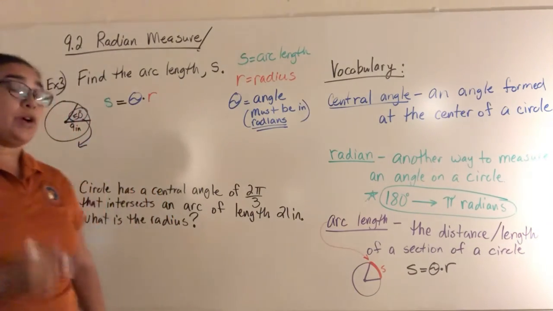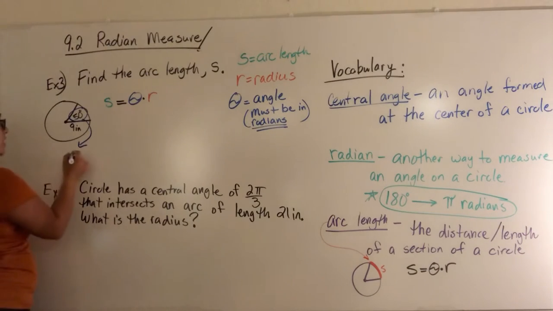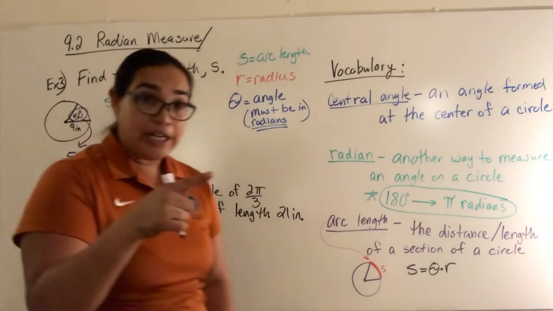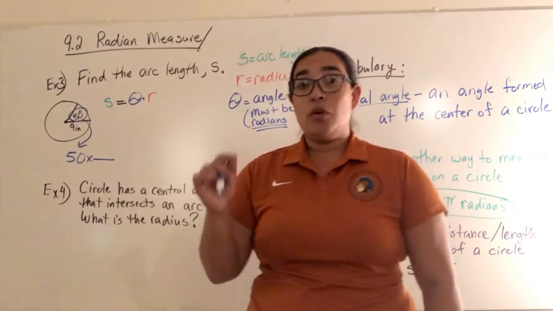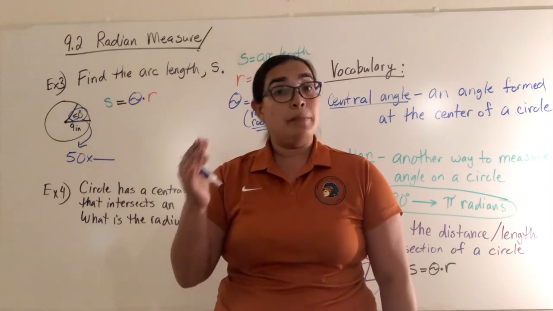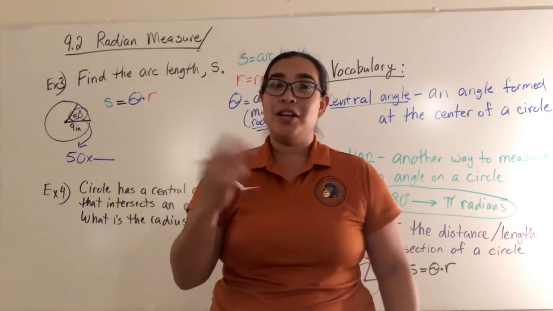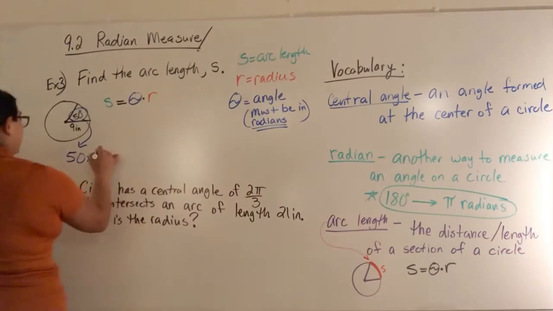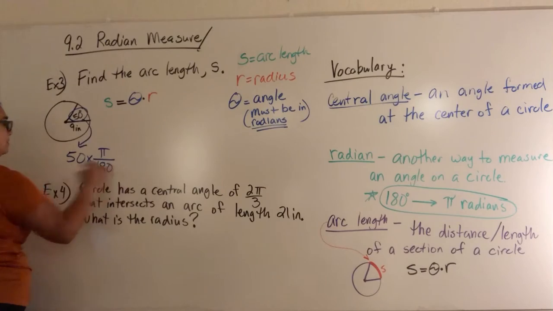So here we go, real quick. Going back to the first examples I gave you, here's 50 degrees and we need to multiply that by, now again, we're converting from degrees into radians, so would we do pi over 180 or 180 over pi? Remember, we're trying to get to radians, so where does that pi go? On the top. So we're going to do pi over 180.